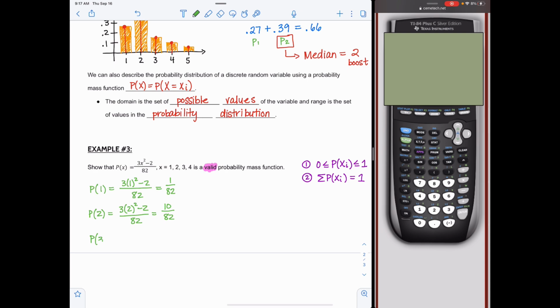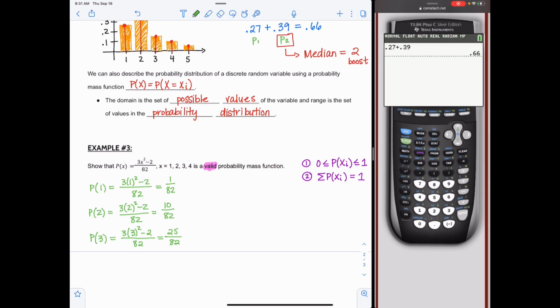If we do P of 3, we have 3 times 3 squared, which is 9. That's 27. 27 minus 2 is 25 over 82. Last but not least, we have the probability that 4 will occur. If we do 3 times 4 squared, that's 3 times 16, which is 48, and 48 minus 2 is 46. So we end up getting 46 over 82.